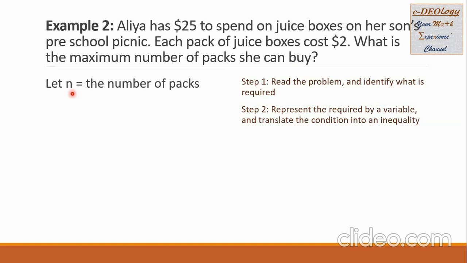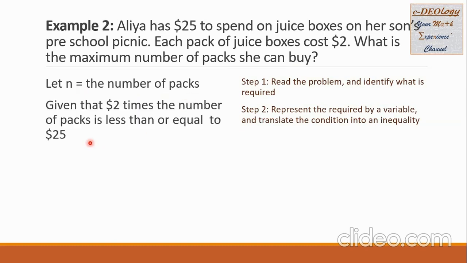We let n be the number of packs. Now, given that $2 times the number of packs is less than or equal to $25, this is the money of Aliyah. So we will write 2 times n is less than or equal to 25.